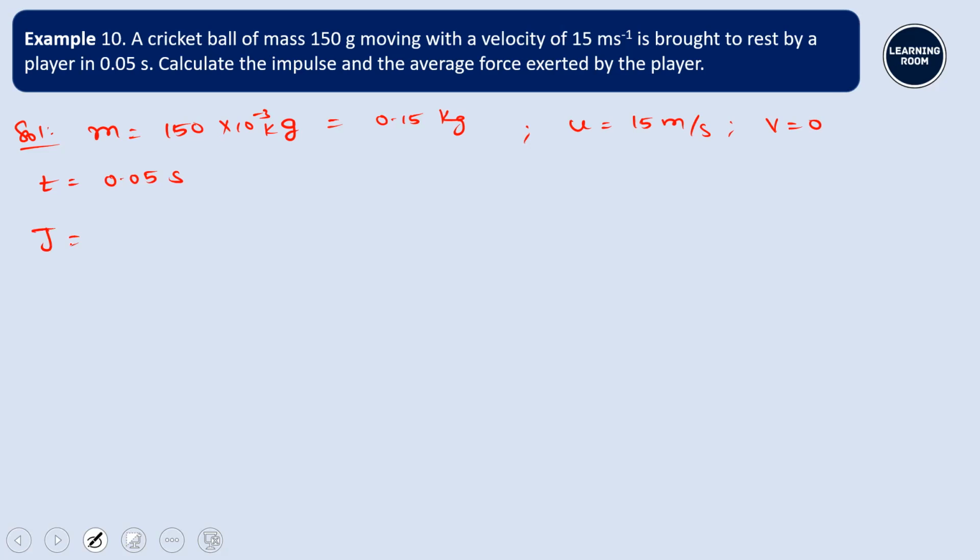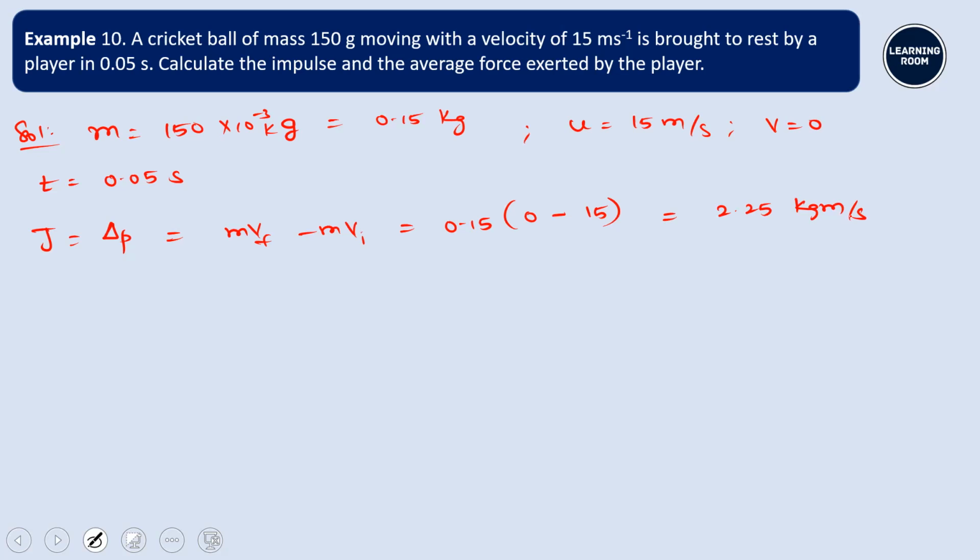J is equal to change in momentum, which will be M into V final minus M into V initial. So M is 0.15 into V final is 0 minus V initial is 15. So 0.15 into 15 is going to be 2.25 kilogram meter per second.